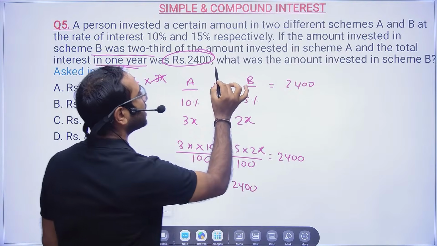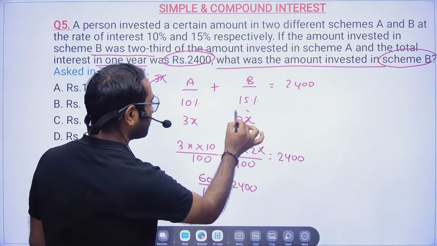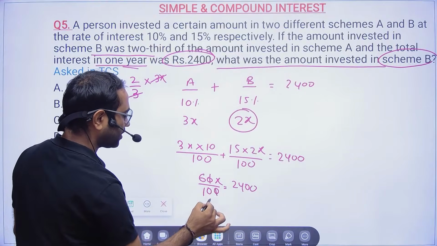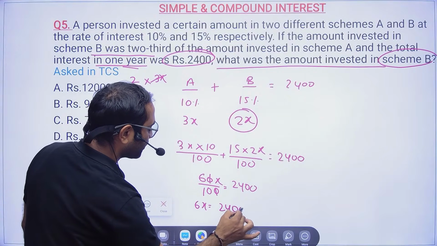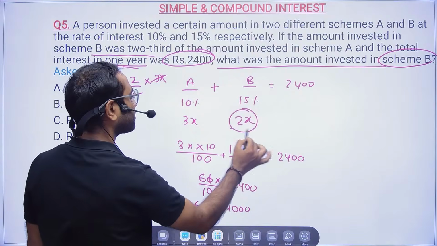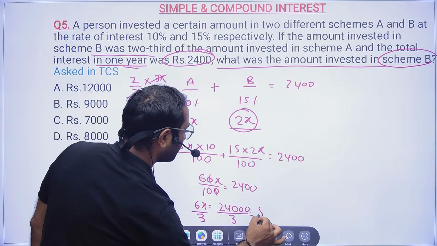They are asking what is the amount invested in scheme B, that means they are asking for 2x. So 10 and 10 cancelled, so 6x will be equal to 24,000. They are asking 2x, so divided by 3 this side and divided by 3 this side, it will be 8,000.